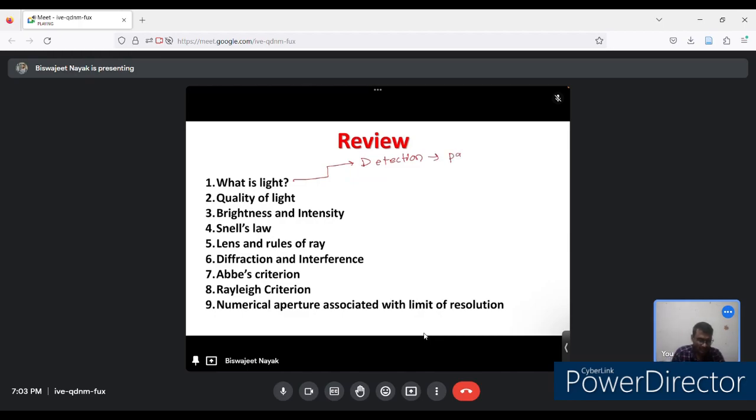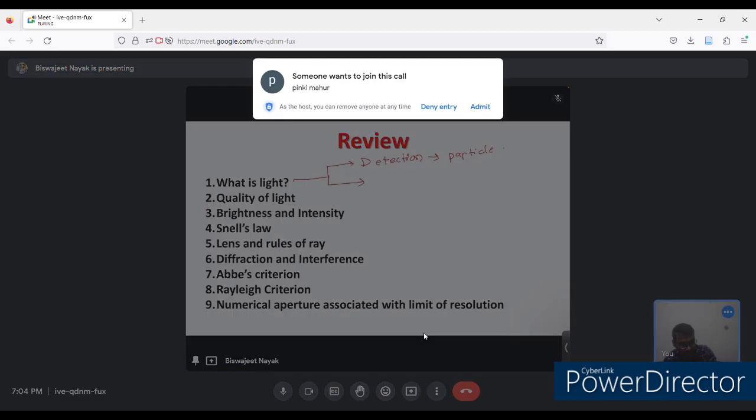The particle nature is exhibited during detection, and when considering propagation, light is expected to behave as a wave.